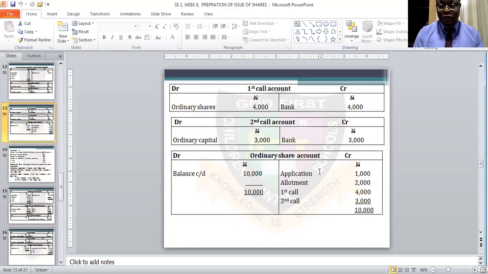After that, in the second method we separate application from allotment. If it's together, application and allotment, you write 3,000. That means 1,000 and 2,000 naira. So in this account you separate the application 1,000, allotment is also 2,000 naira. First call is 4,000, while the second call is 3,000 naira. You add everything together, you get 10,000 naira. Then for both sides, you have 10,000 naira.